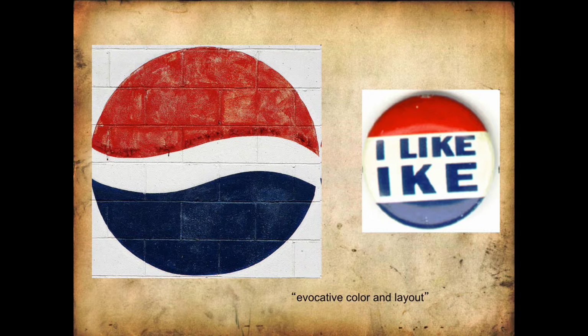It goes well. It rolls off the tongue. But the way that it is laid out, red, white, blue, evokes a specific feeling. It evokes a specific idea. Those three colors represent the United States of America. If it was blue, white, red, it would represent France.